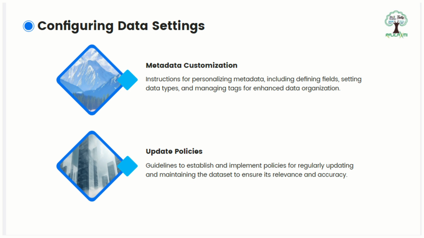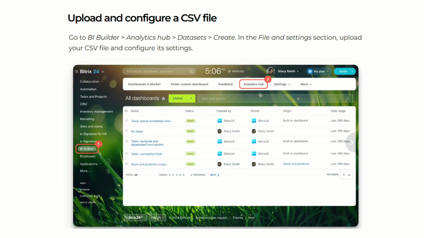That means guidelines to establish and implement policies for regularly updating and monitoring, maintaining the datasets to ensure relevance and accuracy. So let's go through how to upload and configure a CSV file in the BI Builder, and then we create a dataset.